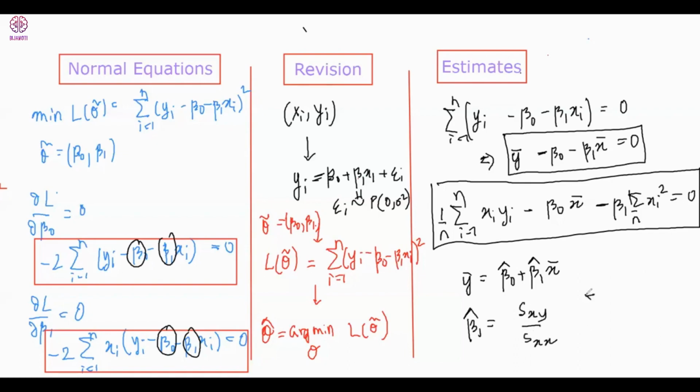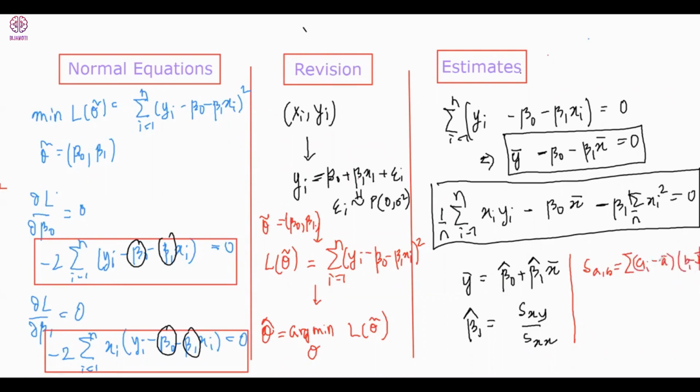So what is this? It is very important, and we will talk more about the beauty of it. Essentially, for any two variables a comma b, S a b is the summation of ai minus a bar times bi minus b bar.